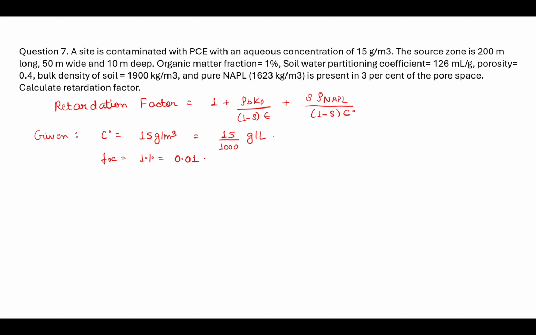The soil water partitioning coefficient is given as 126 ml per gram.